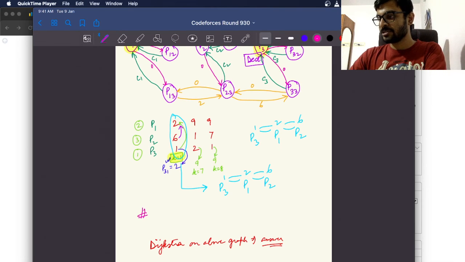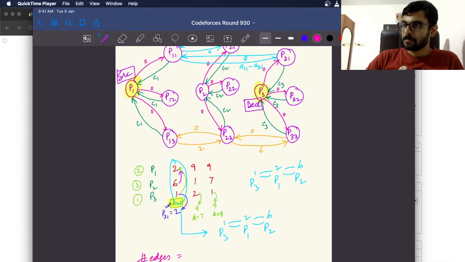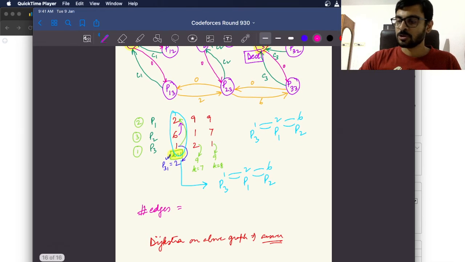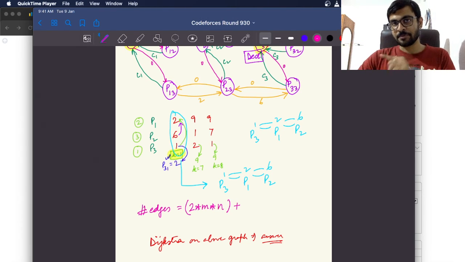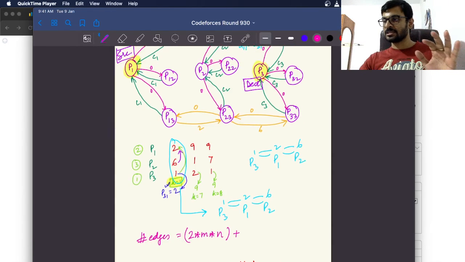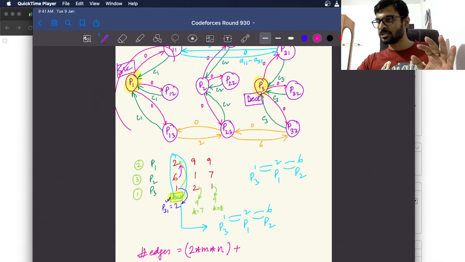So the number of edges basically is, between Pi and Pij, all those Pij, we will have 2 into m into n edges, plus those between different Pijs. What I mentioned was for only these ones.